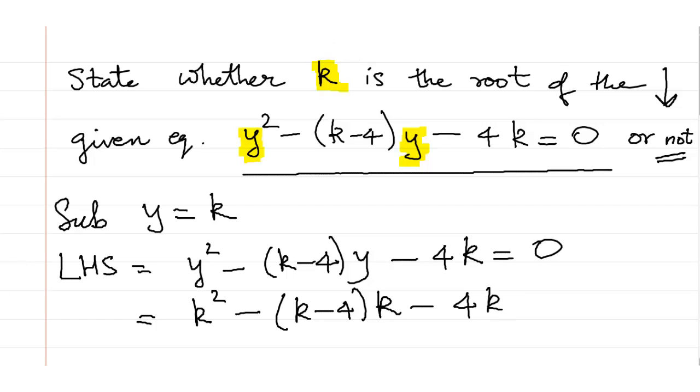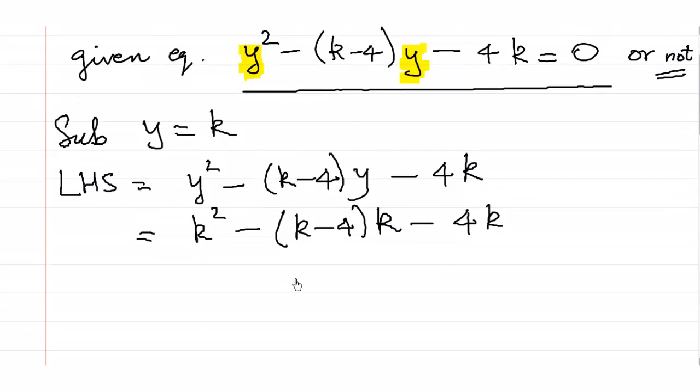Oh, I beg your pardon, we should not be writing is equal to 0. So let's continue. Is equal to k square. Now this k needs to be multiplied to both these terms. So we have a minus k square, minus and minus is plus 4k, minus 4k.